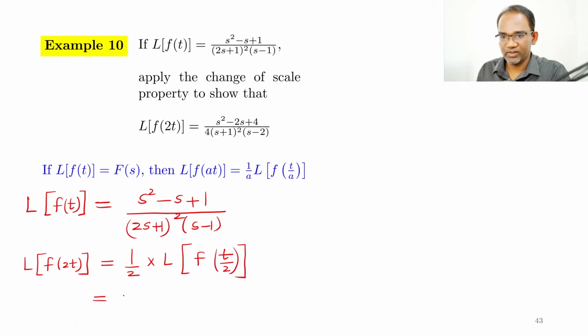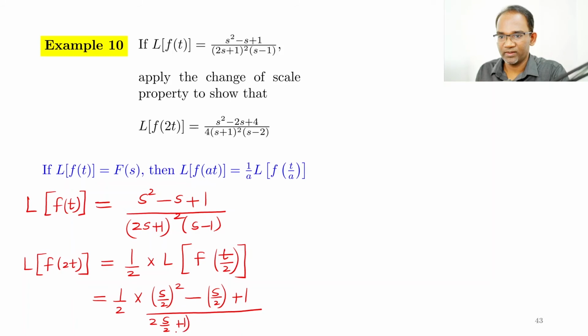And this is equal to 1 over 2 times (s over 2) the whole squared minus s over 2 plus 1, divided by (2s over 2 plus 1) the whole squared, times (s over 2 minus 1).